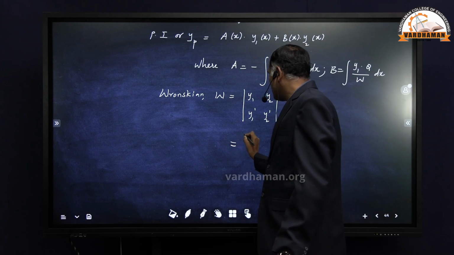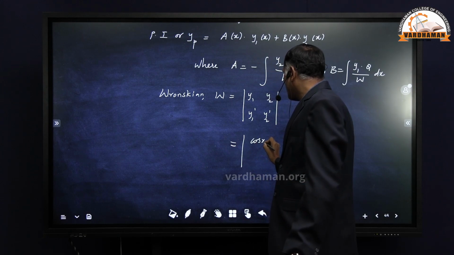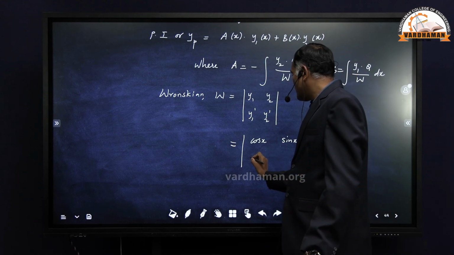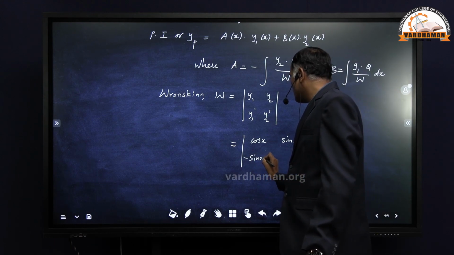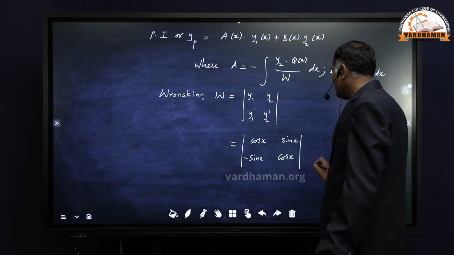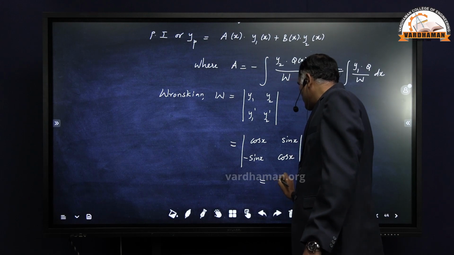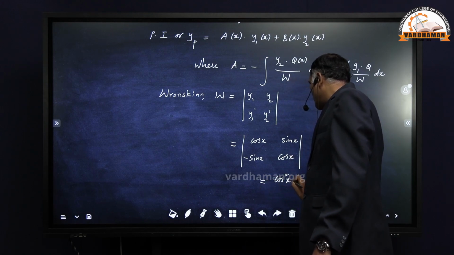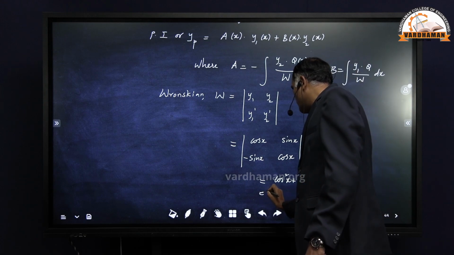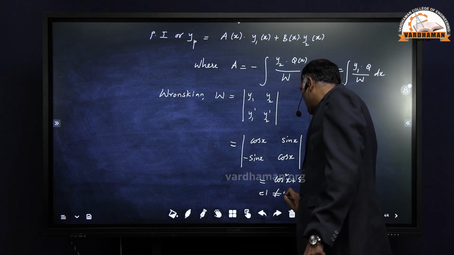Here y1 is cos x, y2 is sin x. Now the derivative of cos x is minus sin x, and the derivative of sin x is cos x. Let us find the determinant of this: we get cos square x plus sin square x. This is nothing but 1. Clearly it is non-zero.